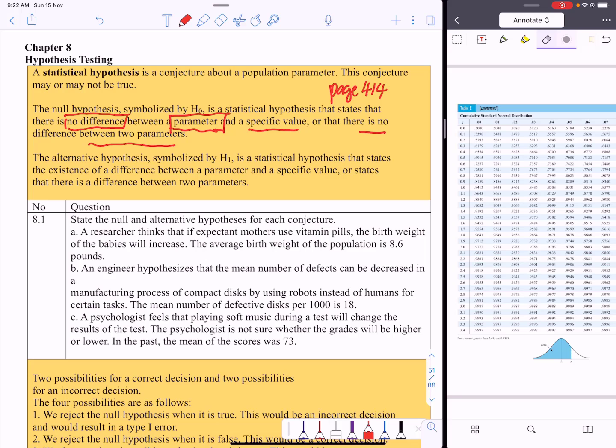For the alternative hypothesis, the symbol is H1. The alternative hypothesis is the first hypothesis that we want to test.